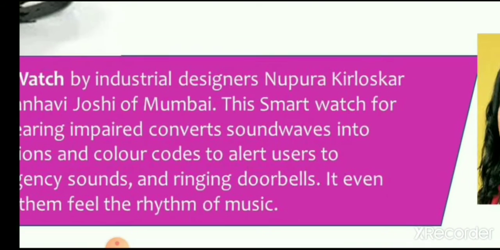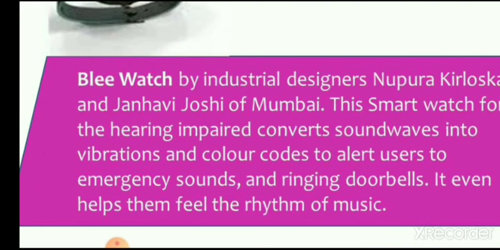This smartwatch for the hearing impaired converts sound waves into vibrations and color codes to alert users to emergency sounds and ringing doorbells. It even helps them feel the rhythm of music.